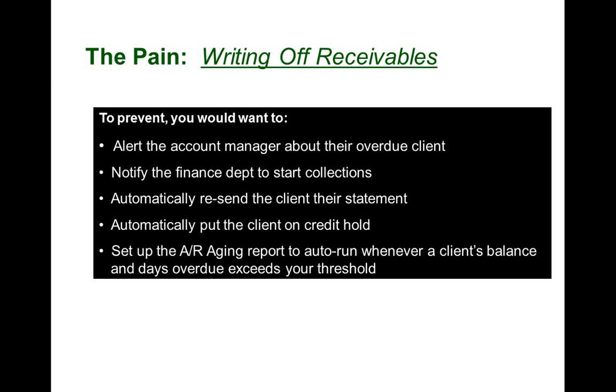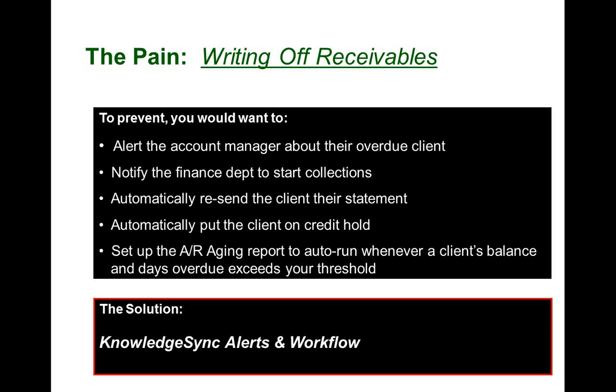And before allowing another order to be placed for this customer, the customer is automatically placed on credit hold. And instead of waiting for the end of the month to run your AR aging report, you configure that report to be automatically generated and delivered whenever a client's receivables balance reaches a certain critical mass.